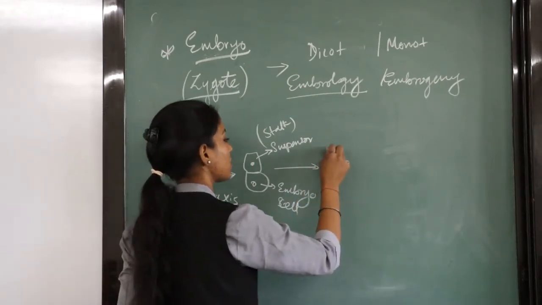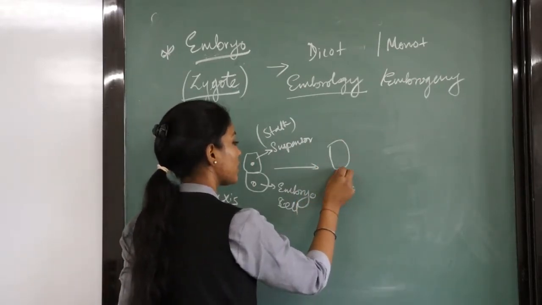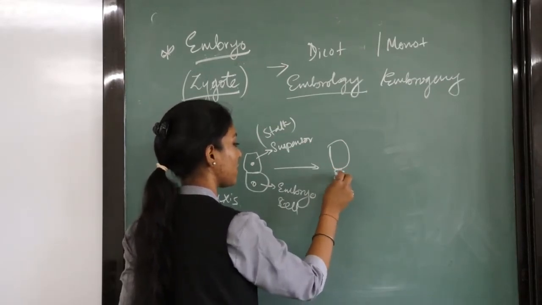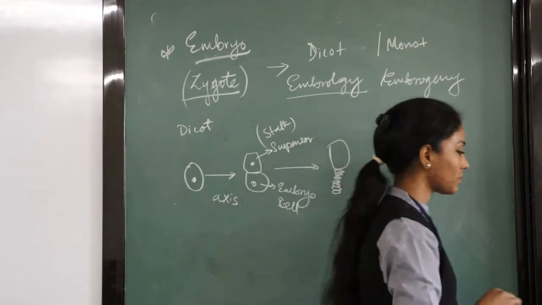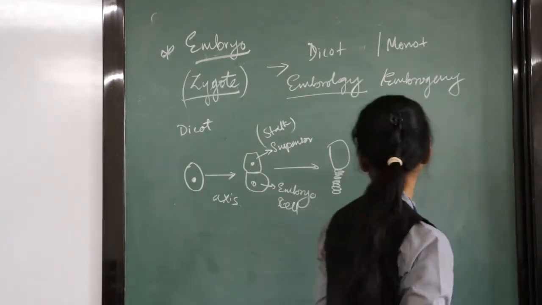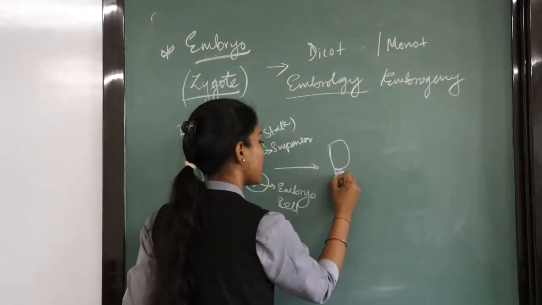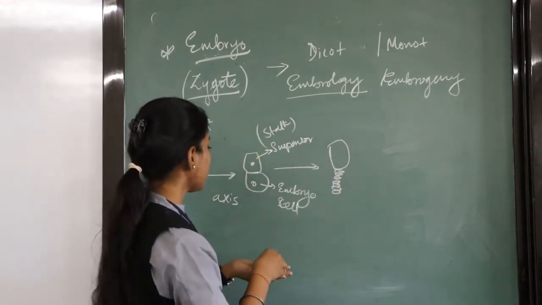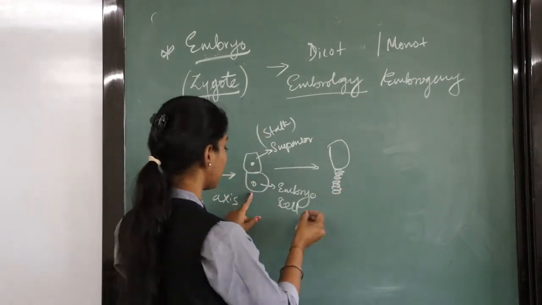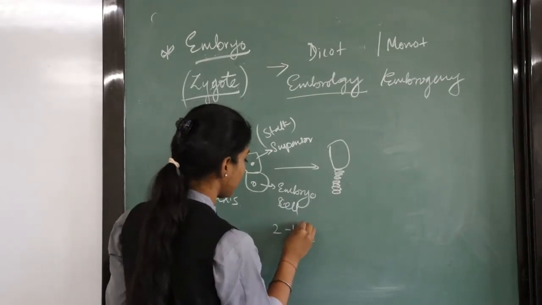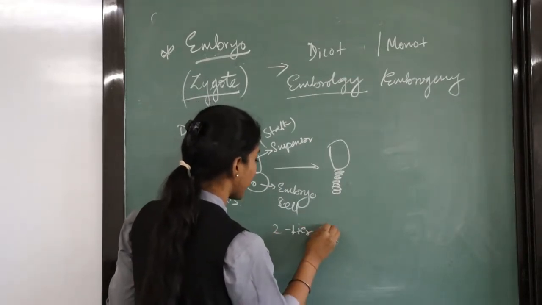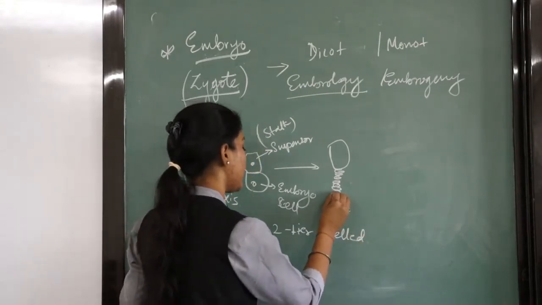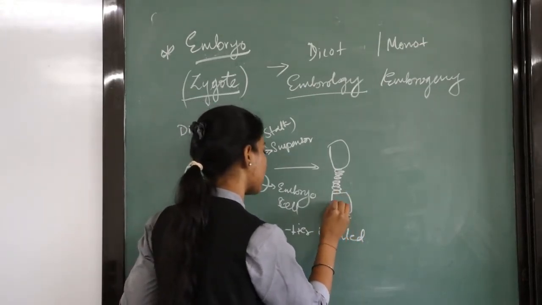So this is the suspensor cell, which divides into 6 to 8 cells, or sometimes 6 to 10 cells, and this divides in 2 tiers. At last I will tell you what a 2 tier 8 cell is. Now this divides like this.